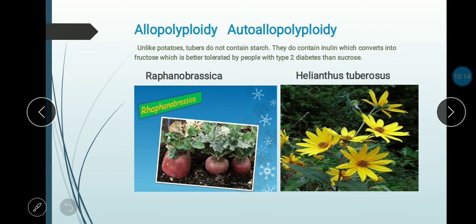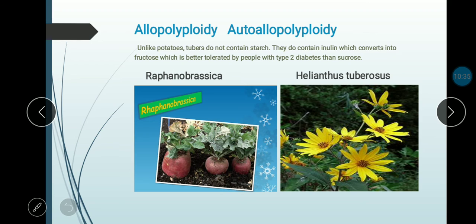These examples are shown in images. With the help of these images you can understand the examples of allopolyploidy and autoallopolyploidy.